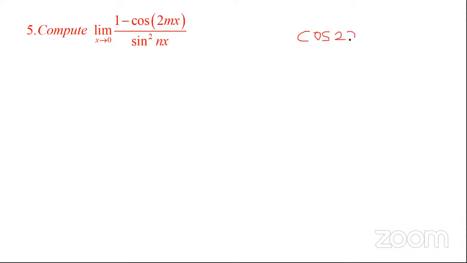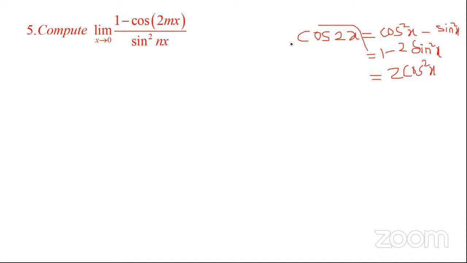Cos 2x is nothing but, we have three formulas: cos square x minus sine square x, otherwise 1 minus 2 sine square x, otherwise 2 cos square x minus 1. Here 1 minus cos 2x is there, so we can use this formula.